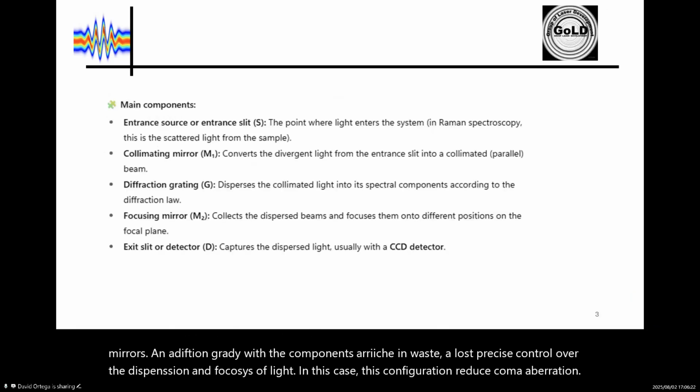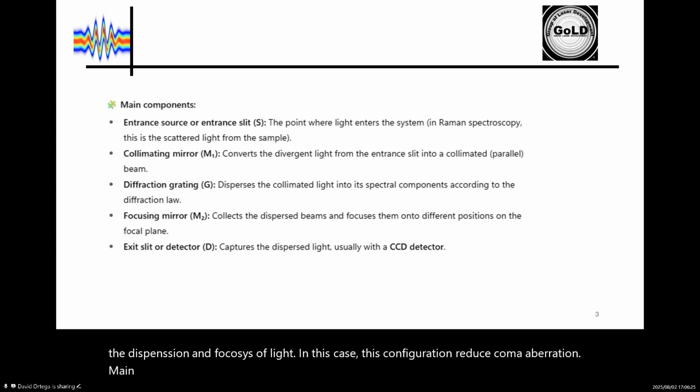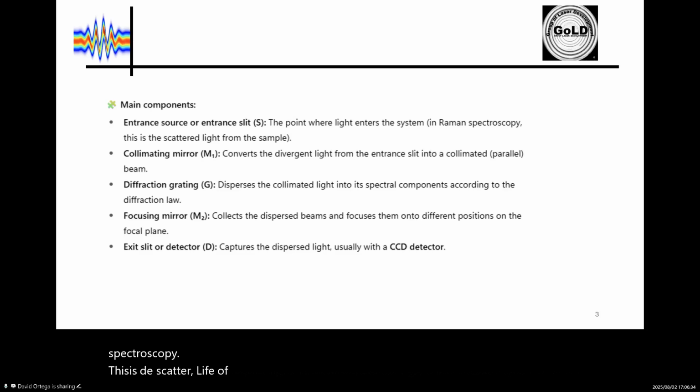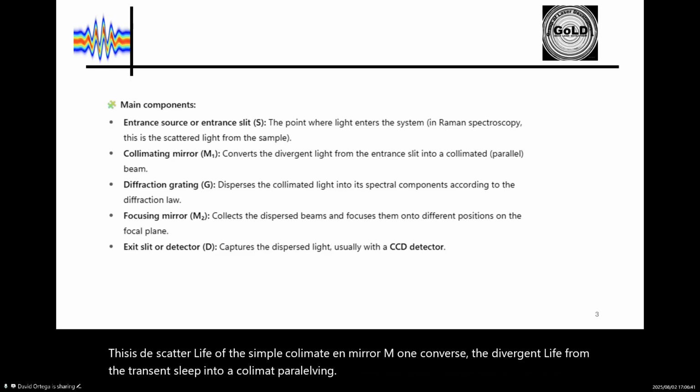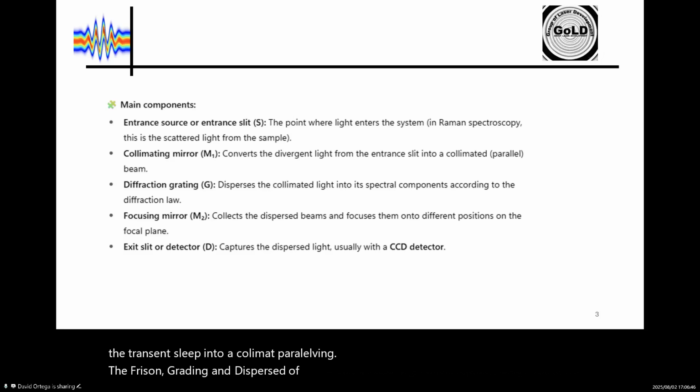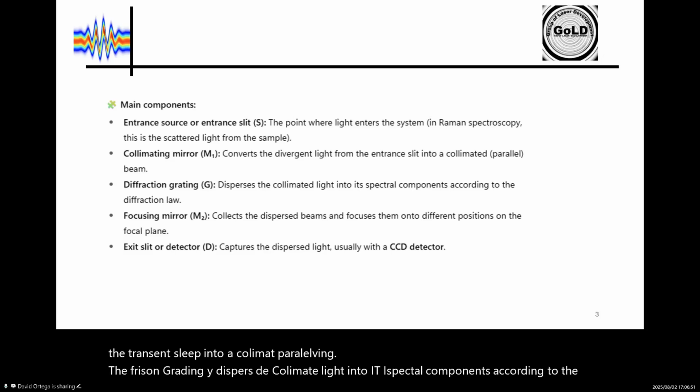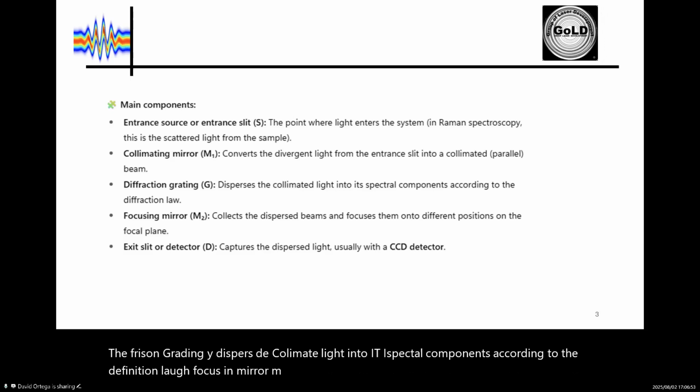Main components: the entrance slit is the point where light enters the system; in Raman spectroscopy, this is the scattered light from the sample. Collimating mirror M1 converts the divergent light from the entrance slit into a parallel beam. Diffraction grating G disperses the collimated light into its spectral components according to the diffraction law. Focusing mirror M2 collects the dispersed beams and focuses them onto different positions of the focal plane.